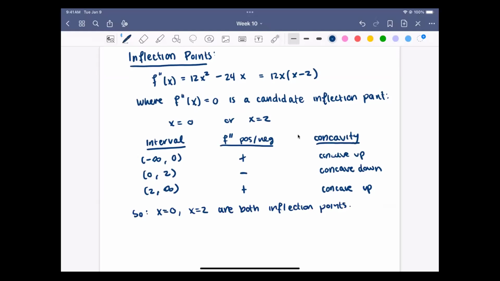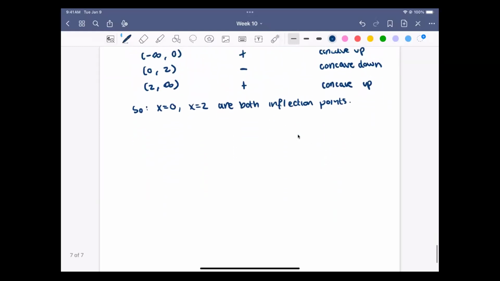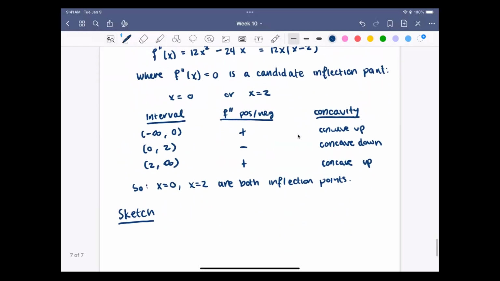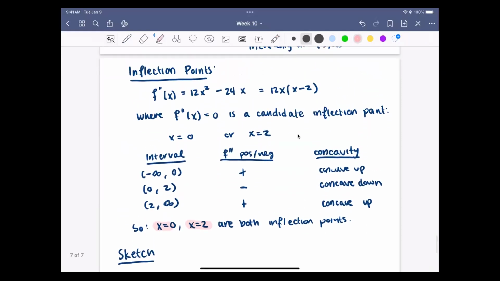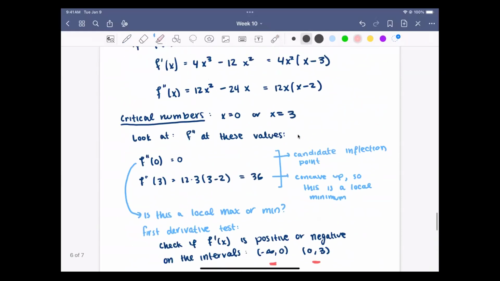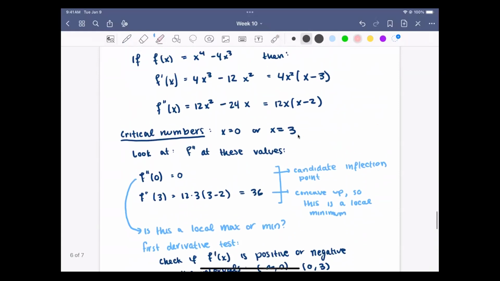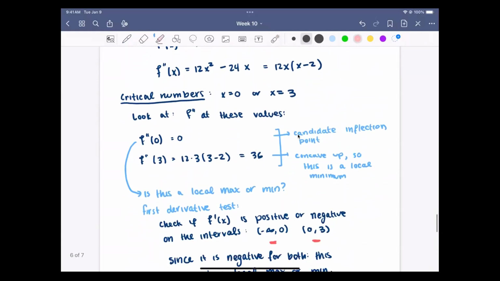Okay, so now we know a lot of information about this function. So let's draw a sketch of how it looks using this. Okay, so the important things were: x equals 0 and x equals 2 are inflection points, and we also had that x equals 3 was a local min.